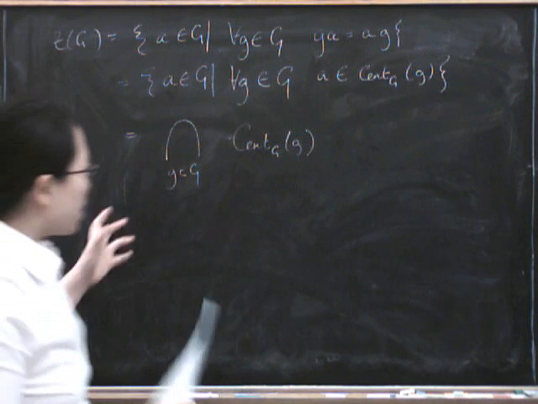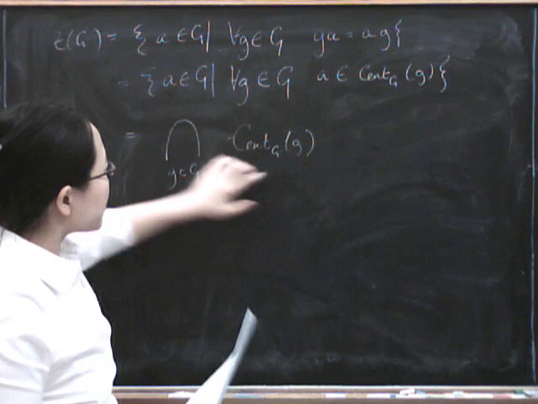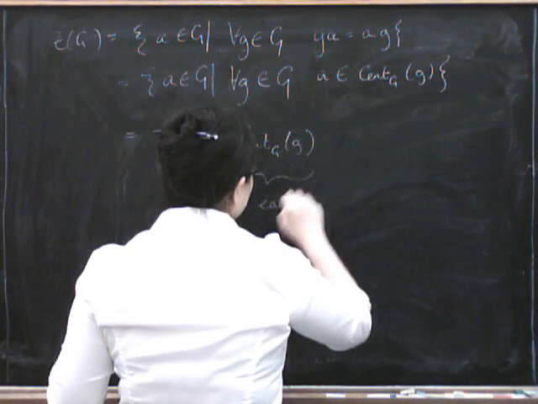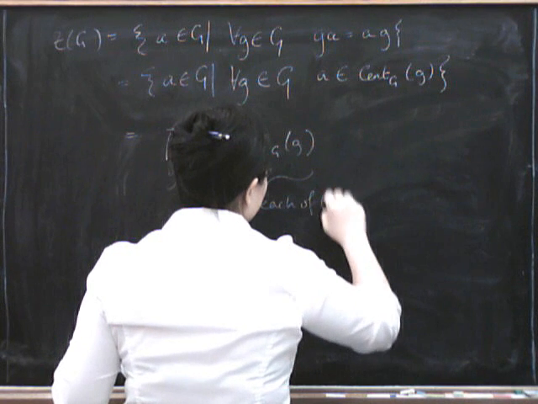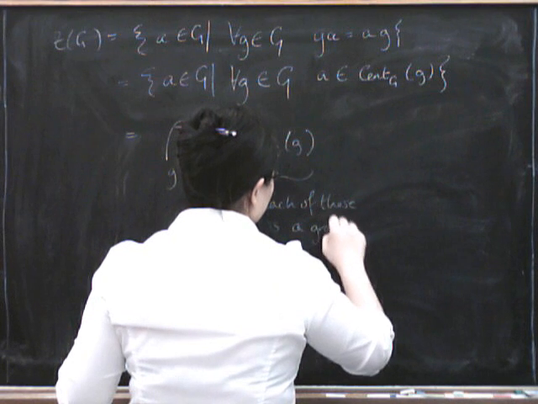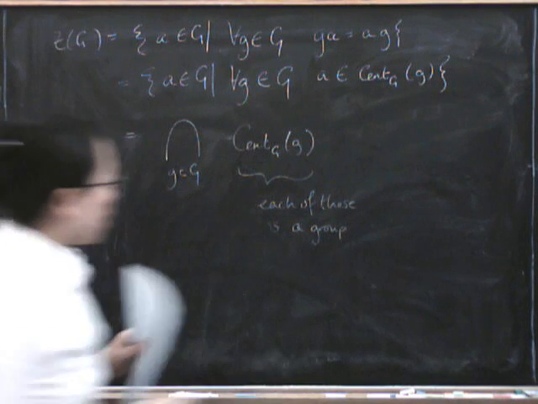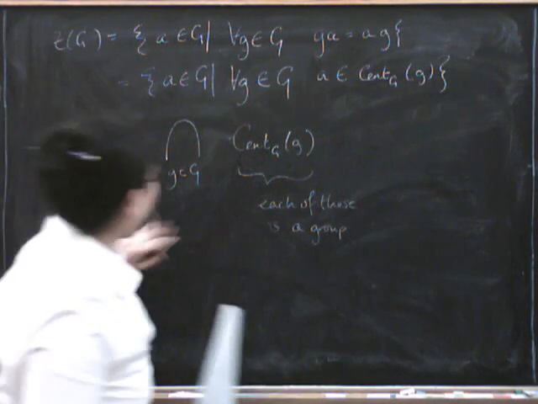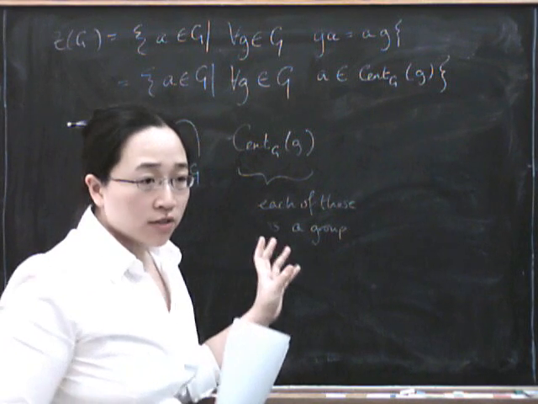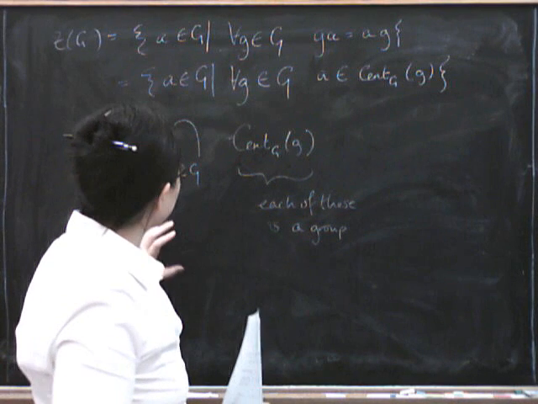So each of these is a group, right? Each of these is a group. And we know that because it's the stabilizer of something in a group action, so it's got to be a group.